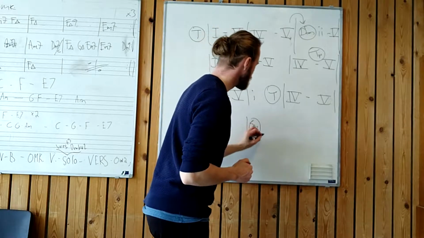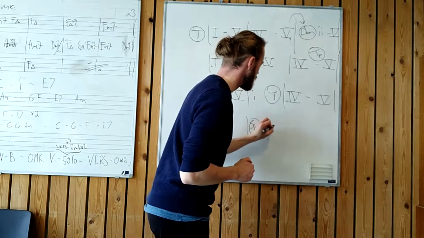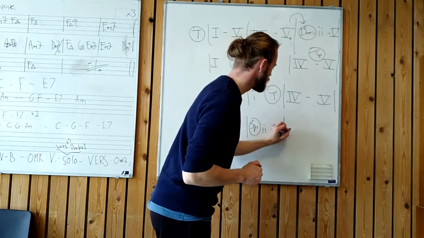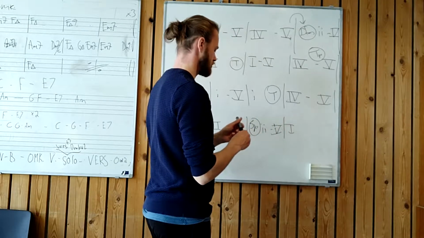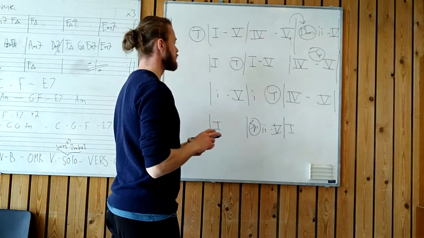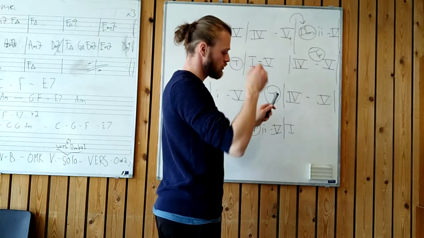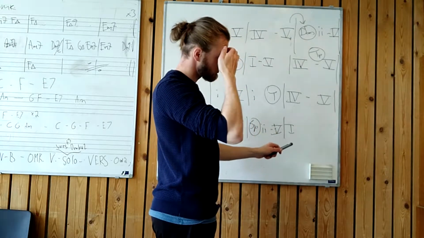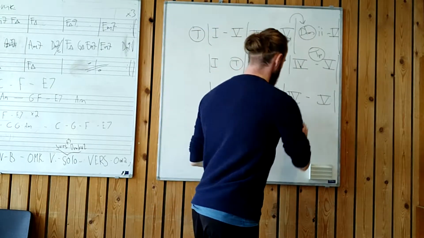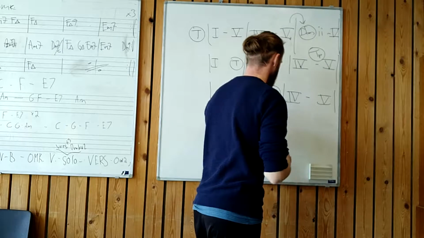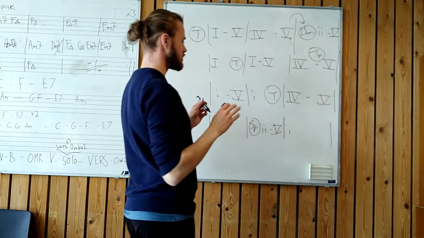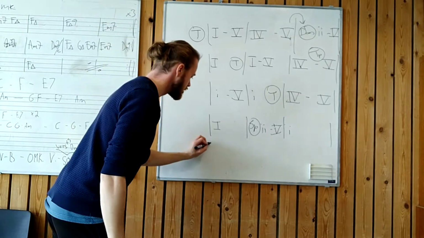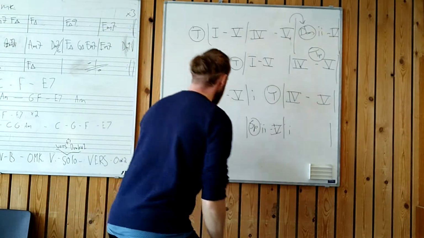And then there's a 2, 5, 1 here. Two, 5, 1, which is minor, of course. Just 1.